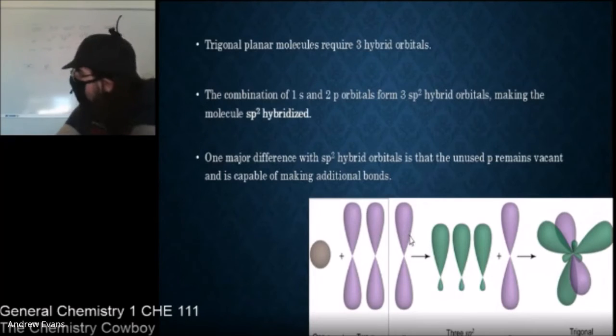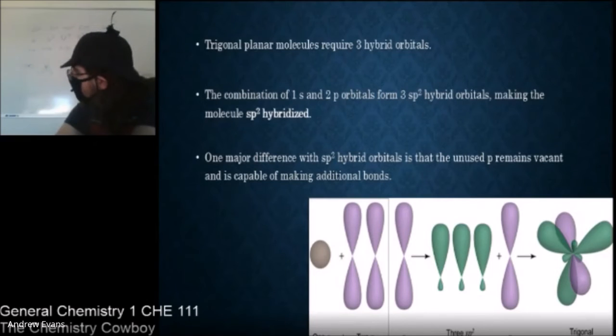When we do this sp2, we take 2 out of the 3 p's and hybridize them. The remaining p is still there, and in this trigonal planar shape it is unused. What we're going to see is sometimes that p does get used.